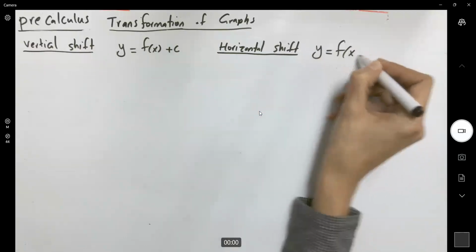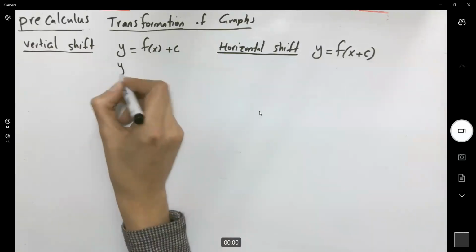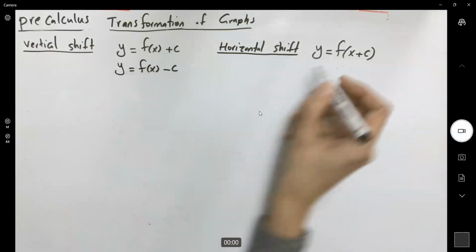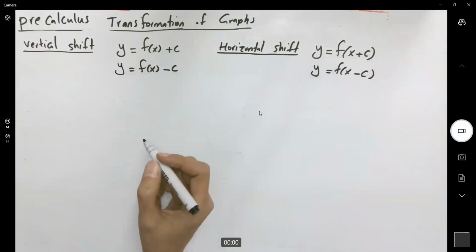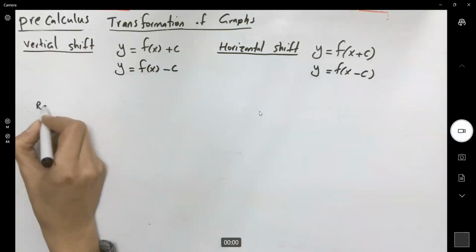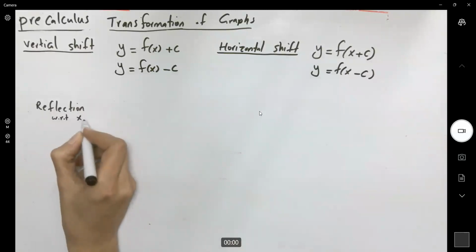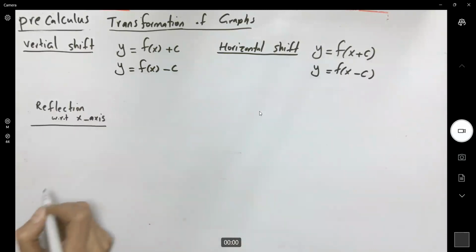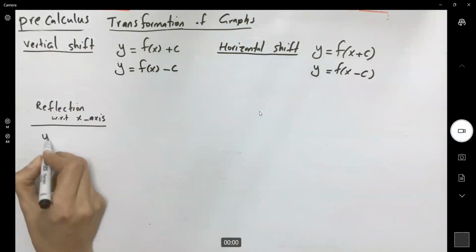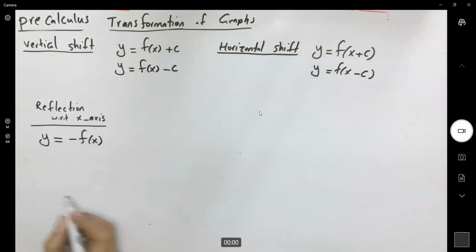Y equals f of (x plus or minus c). Now reflection with respect to the x-axis. As you can see, to get reflection with respect to the x-axis, we are changing our y value. Y becomes minus f of x.